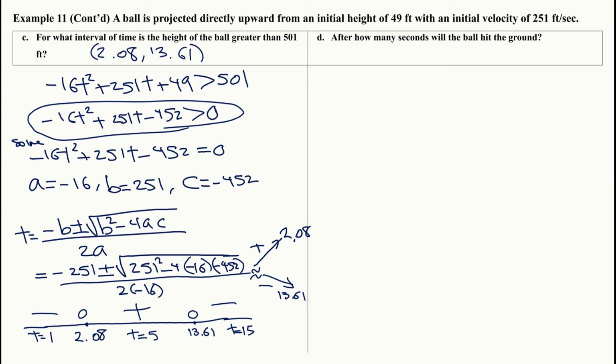Now, that one is, of course, easy because it's going to hit the ground when the functional value, negative 16t squared plus 251t plus 49, is equal to what? 0. That's where the ground is, right? So you want the height to be 0.